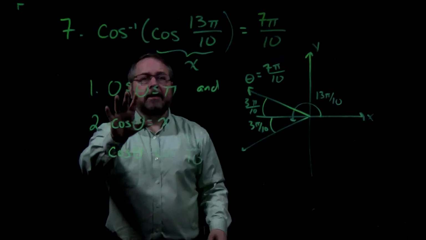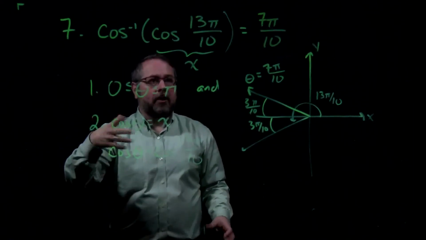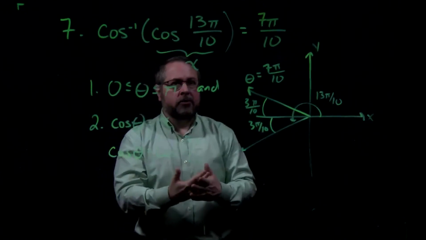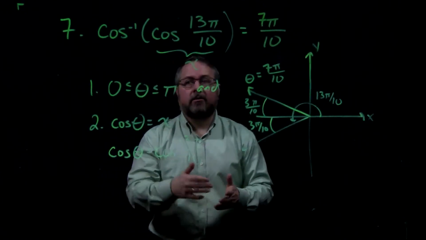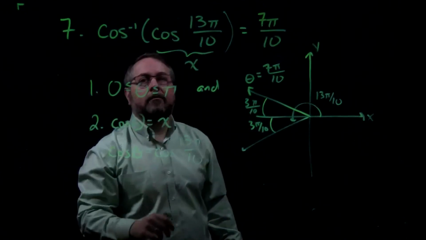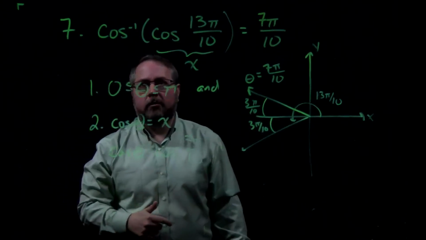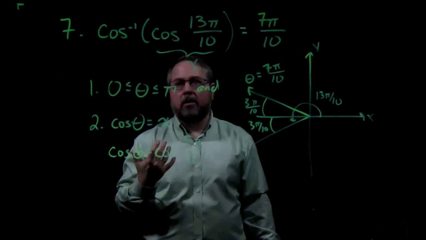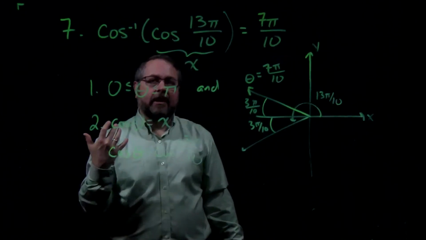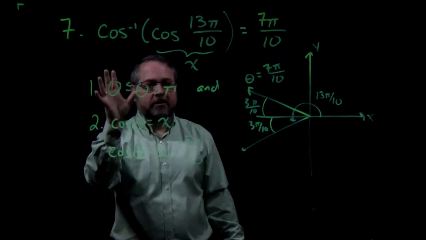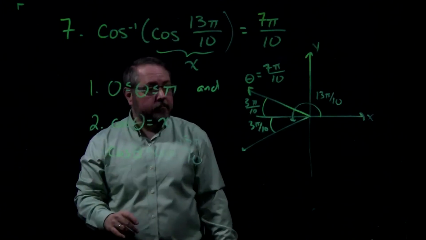So that is a little bit more complicated, but it really just comes down to knowing your quadrants, knowing your reference angles, and particularly knowing the range of your inverse trig functions. And whenever we have an inverse trig function on the outside, remember the result needs to be an angle, and it has to be in the range of that inverse trig function, in this case between 0 and pi.